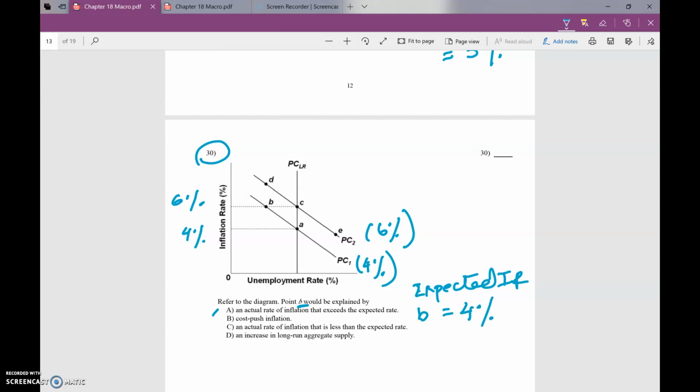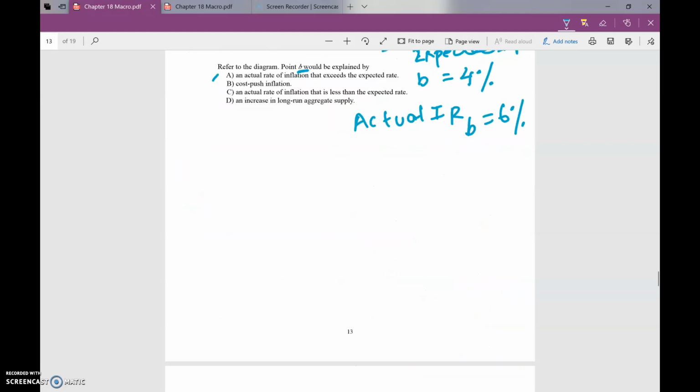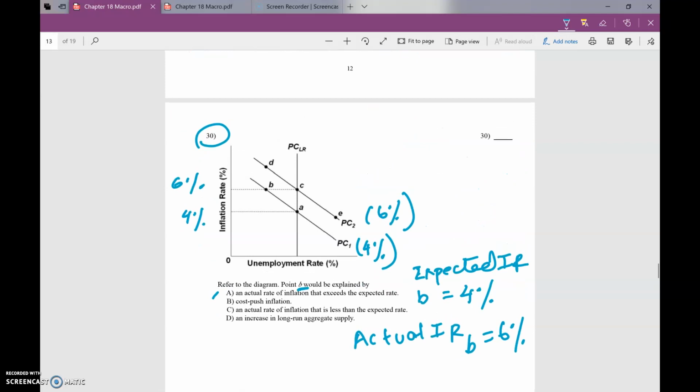But if you read from the vertical axis here, the actual inflation rate at point B is equal to 6%. So point B is explained by an actual inflation rate that is greater than the expected inflation rate. Okay, that's all from this chapter.